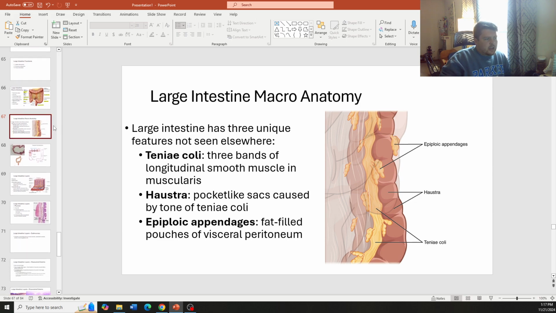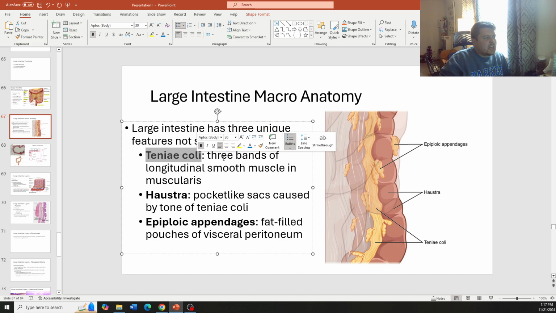A little bit more of the gross anatomy of the large intestine. We have these structures called taeniae coli. These are 3 bands of longitudinal smooth muscle in the muscularis externa layer.